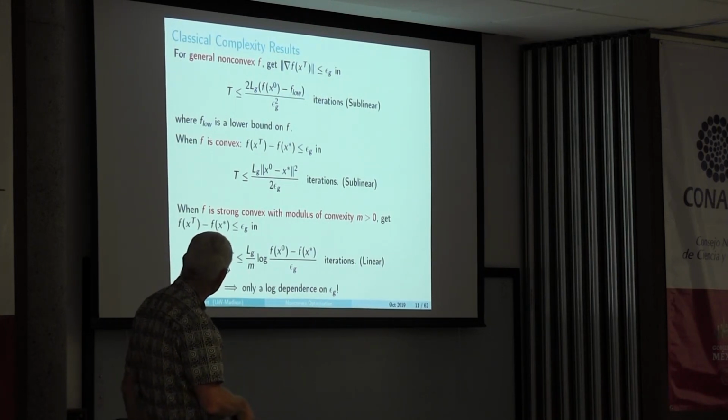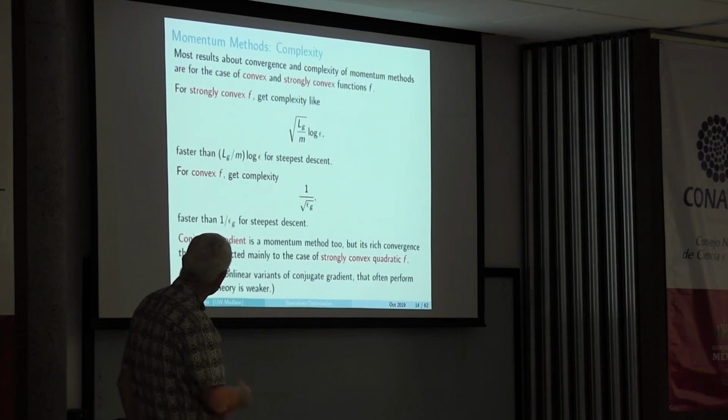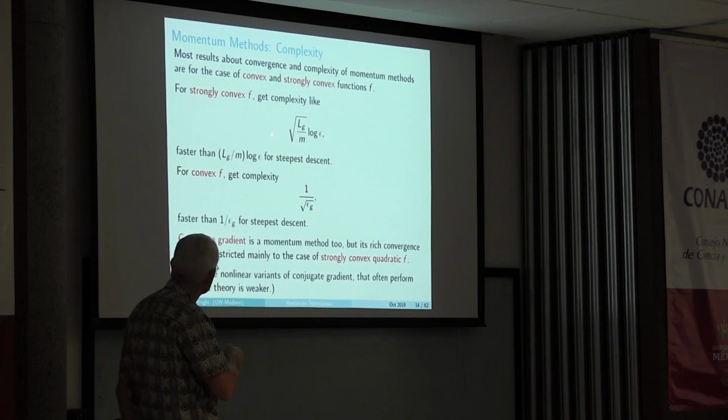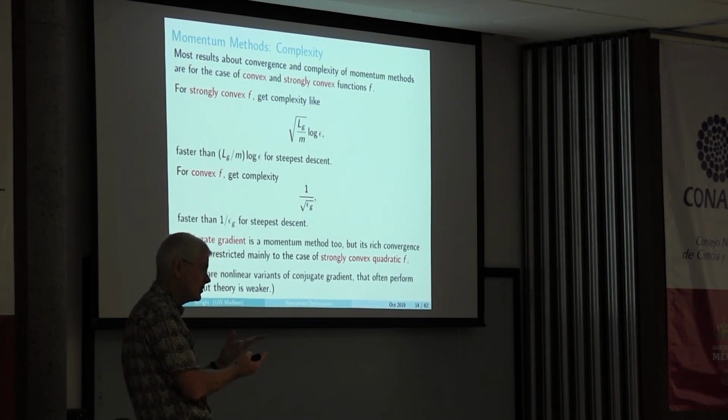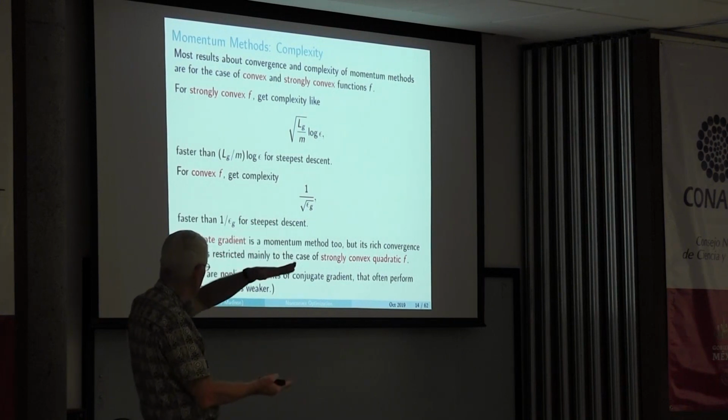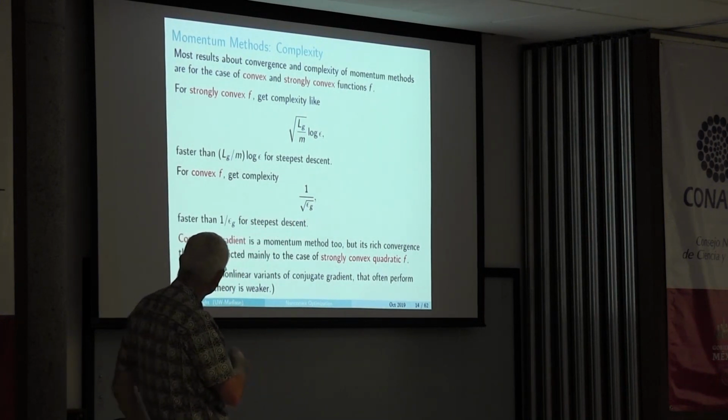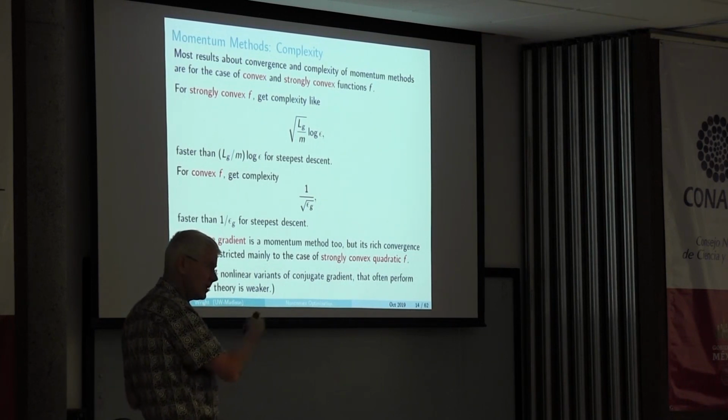So in the Nesterov accelerated methods, instead you have the square root of that ratio. Okay? So if that ratio is like 10 to the 4, if you've got an ill-conditioned problem where there's a big gap between maximum and minimum curvature, in steepest descent, it's going to take order of 10 to the 4 log epsilon iterations. In accelerated gradient, it's only going to take order 10 squared log epsilon iterations.